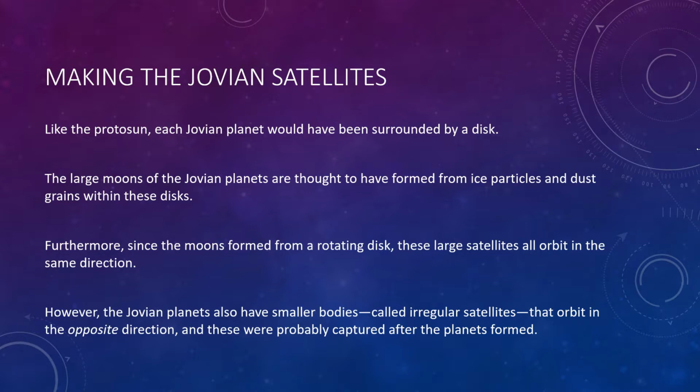However, the Jovian planets also have smaller bodies called irregular satellites that orbit in the opposite direction, and these were probably captured after the planet was formed. So there are some small objects moving in the opposite direction around these larger Jovian worlds, and we believe that they were captured into orbit, not formed with the planet.